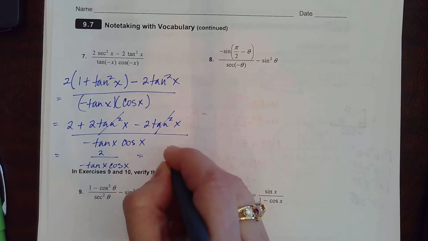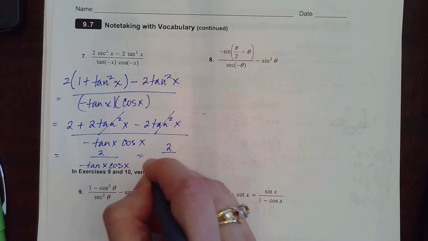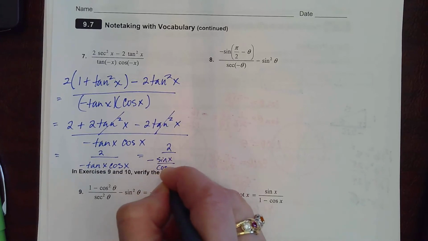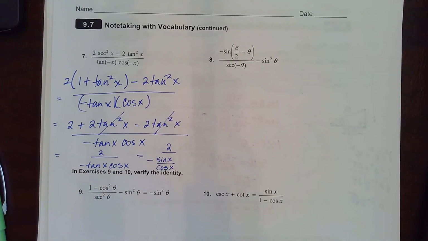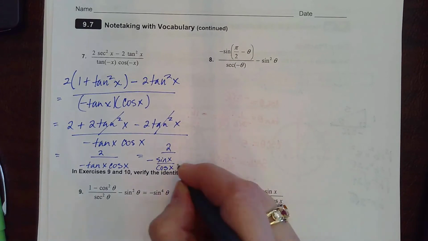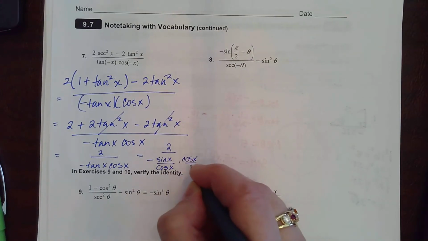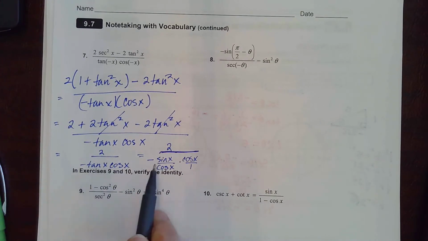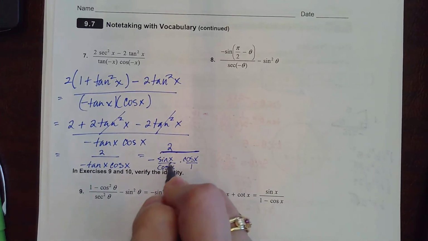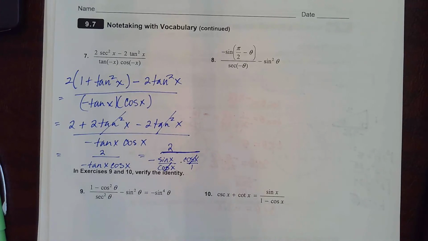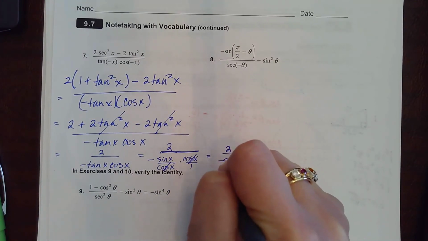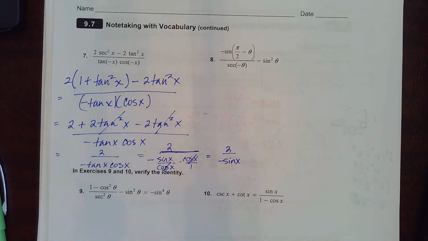So I'm going to rewrite this as 2 over negative sine of x over cosine of x, and then I have cosine of x. So all I really did here is just rewrite tangent as sine over cosine. Notice though that my cosines cancel out. So now I have 2 over negative sine of x.